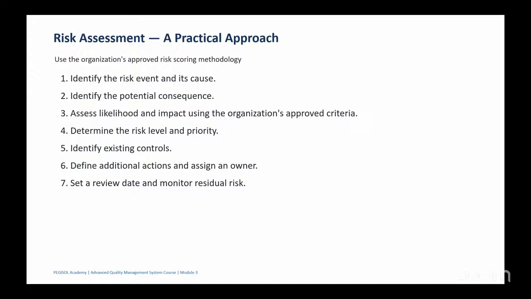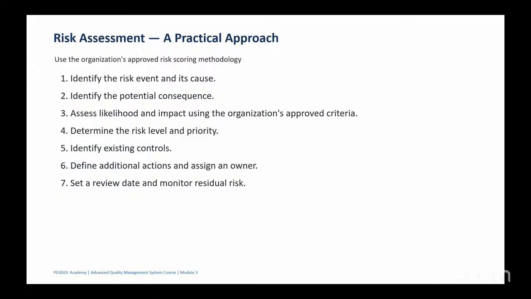So, for example, we're having a stock out, or a potential stock out, or our suppliers are not giving us adequately what we need. There's a risk. So you identify the risk and its root cause, and identify the potential consequences, because it has not happened.